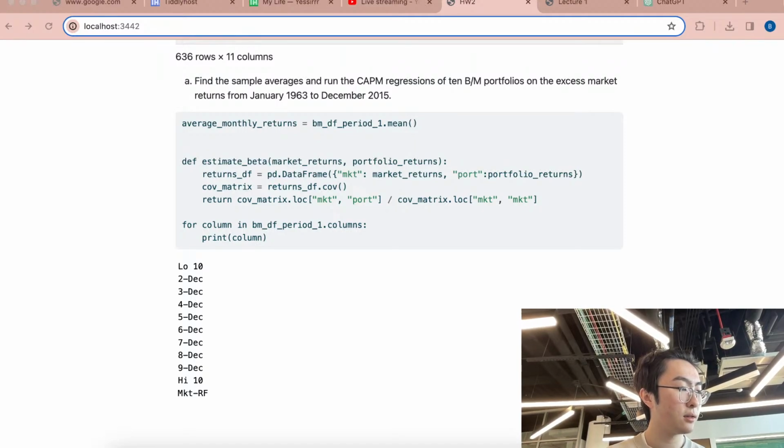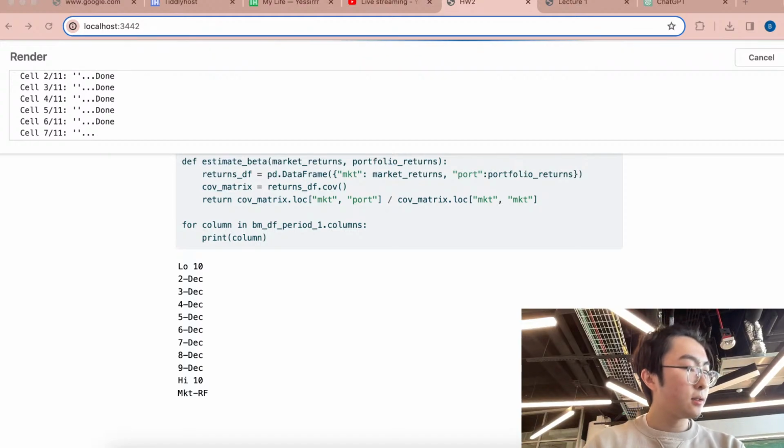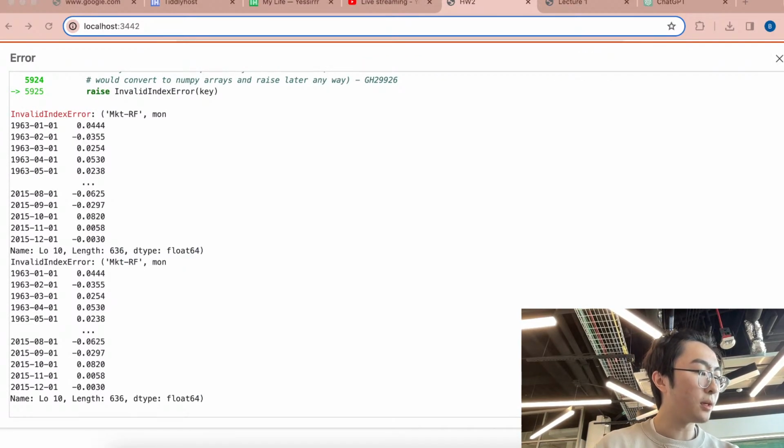Sample beta. Sample betas dot append sample beta.